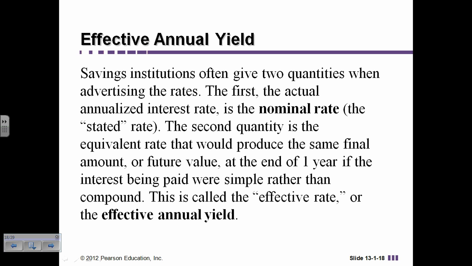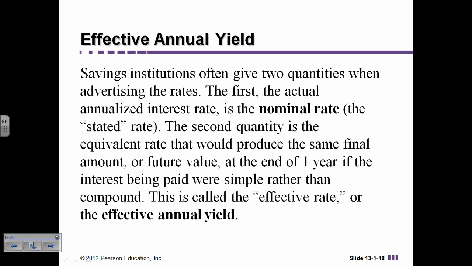This is the rate that would give you the same final amount, or future value, at the end of 1 year if it was simple interest rather than compounding interest. This is called the effective rate, or the effective annual yield. Usually the effective annual yield is a larger percentage than the nominal rate.